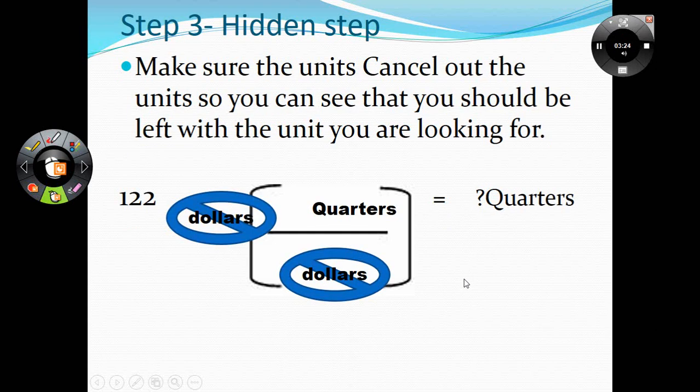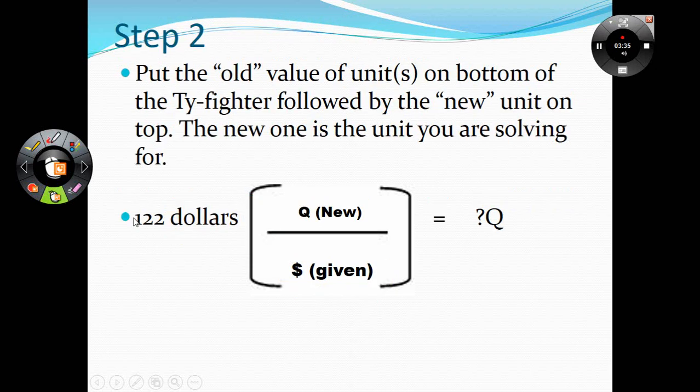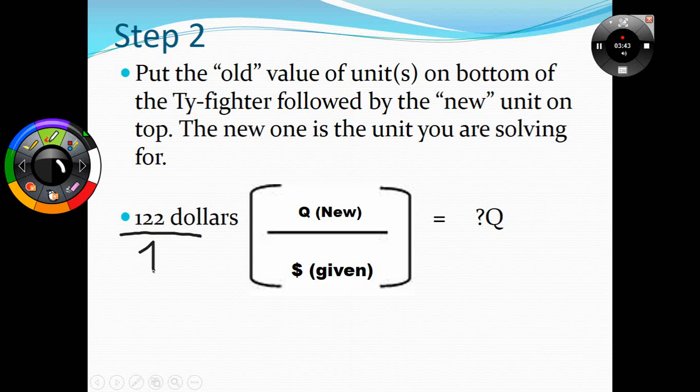We set it up in this way so that things can cancel. As you notice, it's cross-canceling. Let me show you. This 122 is actually over 1. So whatever your given unit is over 1 is actually already set up as a fraction.